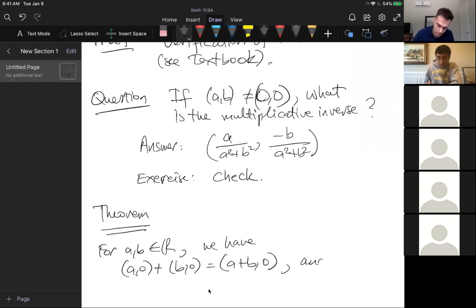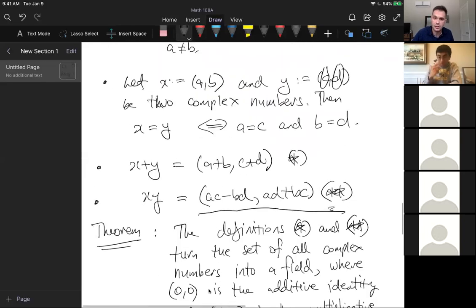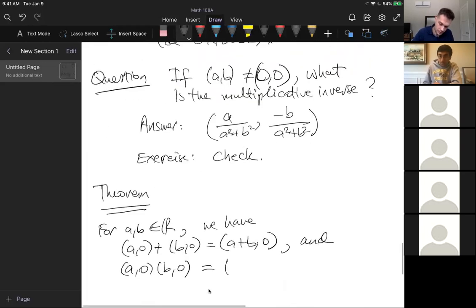And if you multiply elements that have the second component 0, the multiplication law star star just specializes to multiplying the first component, which is (AB, 0).